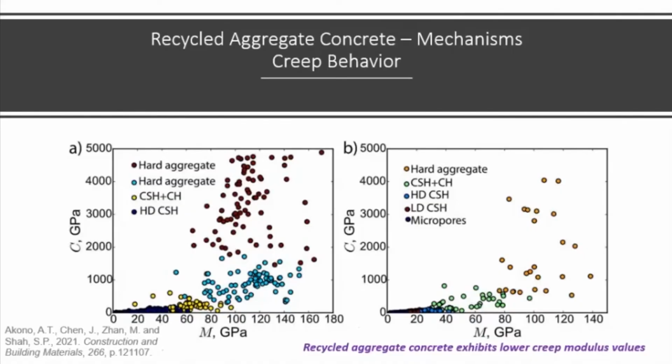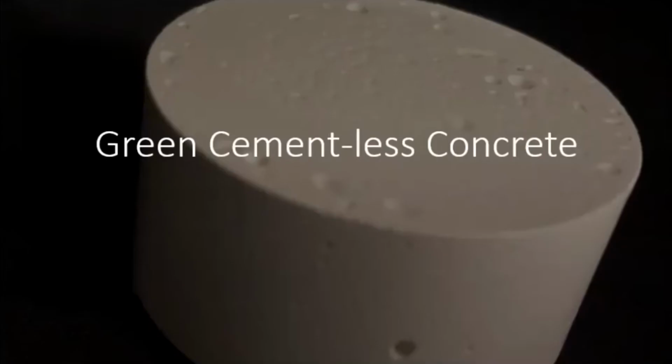So in my lab, what we're working on now is to try to understand how we can use nanomaterials at different levels to improve the performance of recycled aggregate concrete.